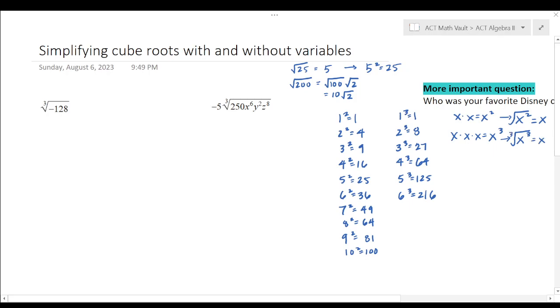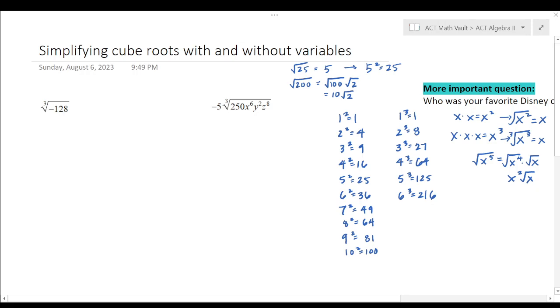What happens if I try the square root of x to the 5th? I'd have to take out a perfect square, and the highest one would be x to the 4th because it's an even number, and then an x would be left over because 4 plus 1 is 5. So my answer would be x squared times root x.